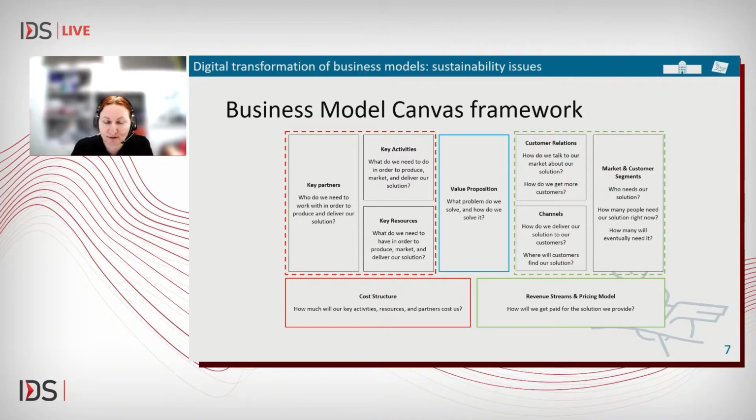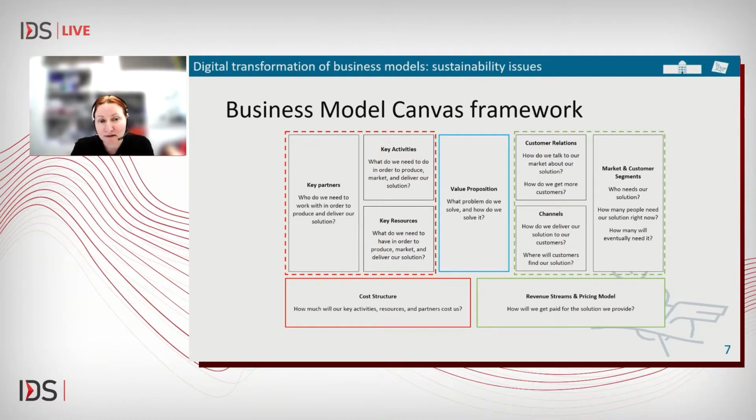And key resources: what do we need to have in order to produce, market, and deliver our solutions? And all these three key elements have an impact on cost structure, where we answer the question: how much will our key activities, resources, and partners cost us?